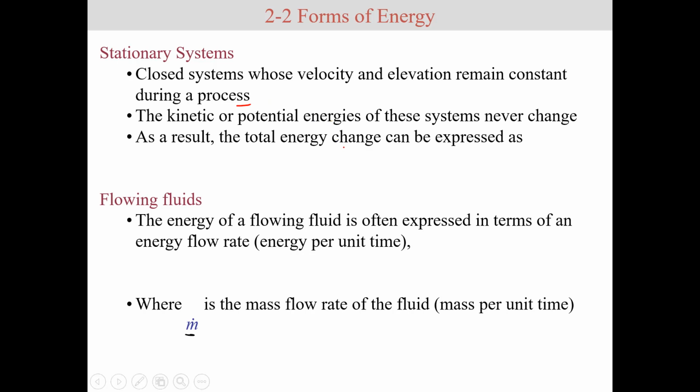So if I have a car that's driving on a plateau and that plateau has a certain altitude and the car has a certain velocity, and I look at the change in the energy of the car over a certain amount of time, if the velocity is the same and the height is the same, there's no change in kinetic and potential energy. So the notation would be the change in energy of a system is equal to the change in internal energy plus the change in kinetic energy plus the change in potential energy.